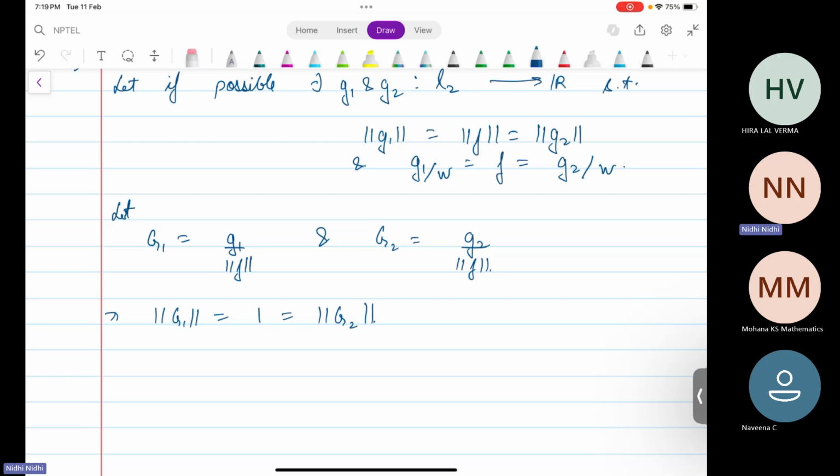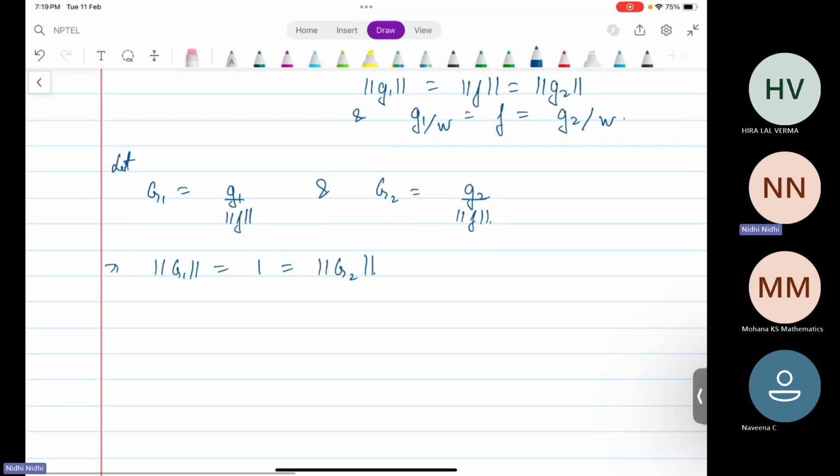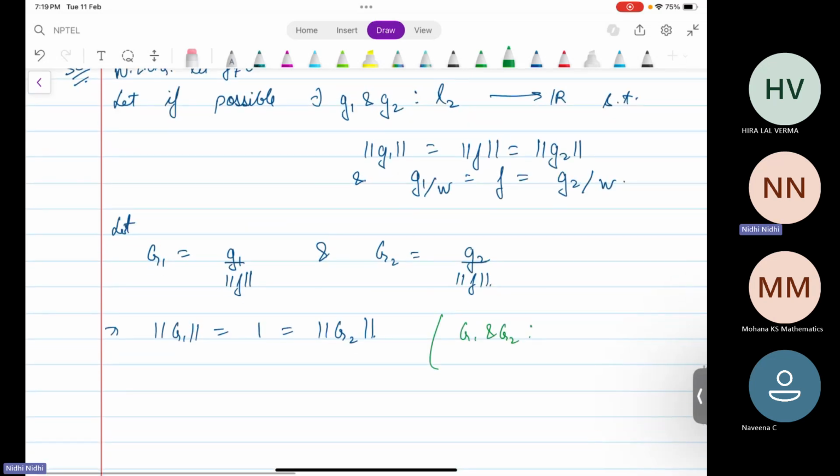Now G1 and G2 are linear functionals defined on the space L2. So G1 and G2 are from L2 to R. That means G1 and G2 belong to the dual space of L2.